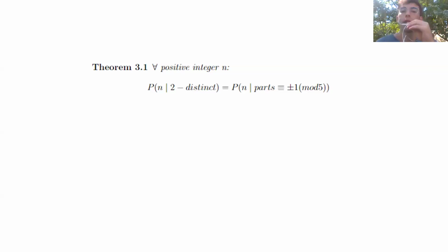The first Rogers-Ramanujan identity is this. For all positive integers n, the number of partitions of n such that parts are 2-distinct is equal to the number of partitions of n such that parts are congruent to minus or plus 1 modulo 5. This is also a very famous theorem, and there is no simple proof.